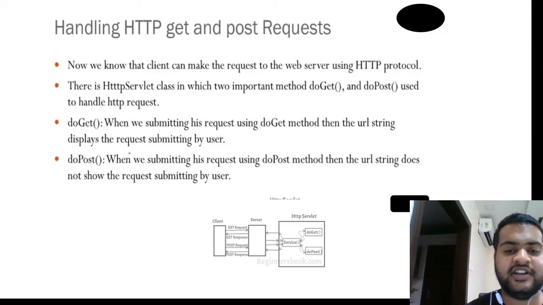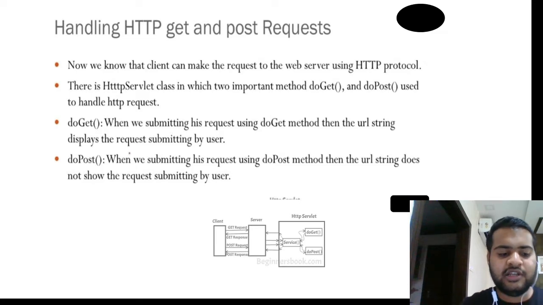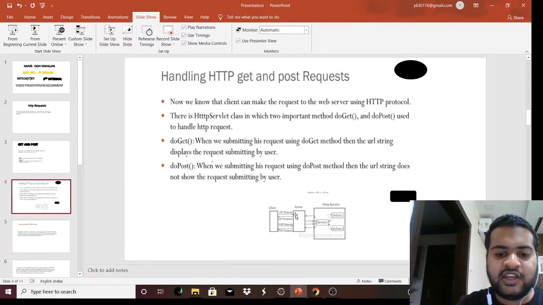It provides security. Below is the diagram where you can see the client machine, server, and servlet class. In the servlet class, there are two methods, doGet and doPost. When the client sends a request by the GET method, it is handled by the doGet method and gets a response.